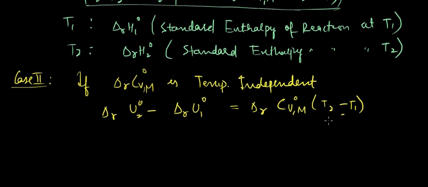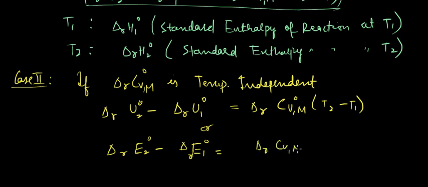Or in other words, we can write that delta RE2 naught minus delta RE1 naught would be equal to delta R CVM naught times (T2 minus T1).